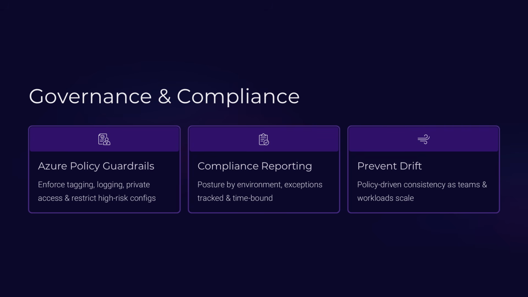You ensure exceptions are time-bound and owned as explicit risk decisions. Leaders care because this creates audit readiness and reduces surprise risk. Architects care because policy-driven governance prevents drift and keeps the landing zone trustworthy as teams and workloads scale.